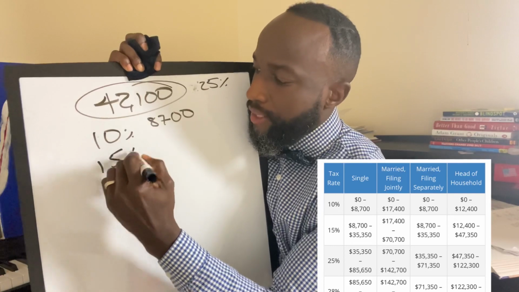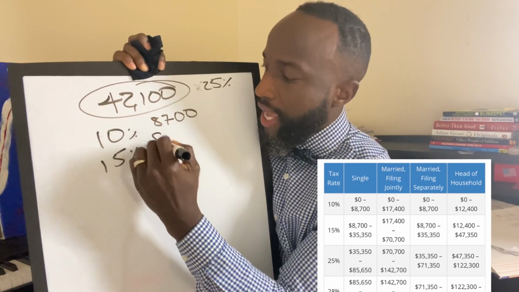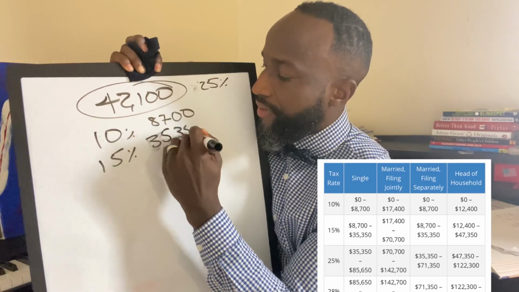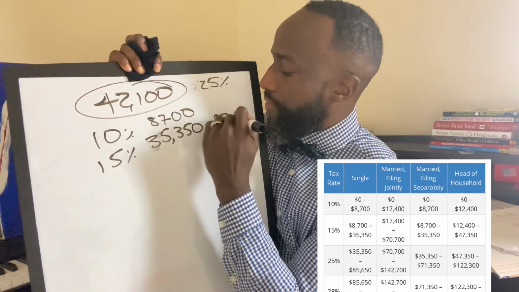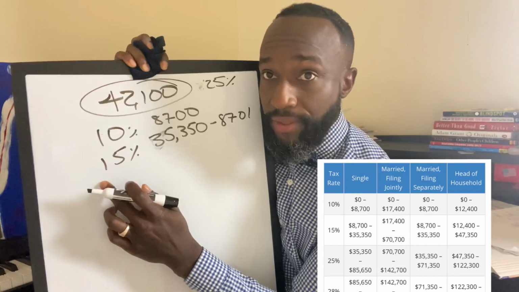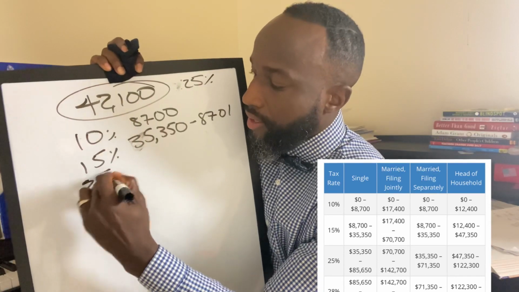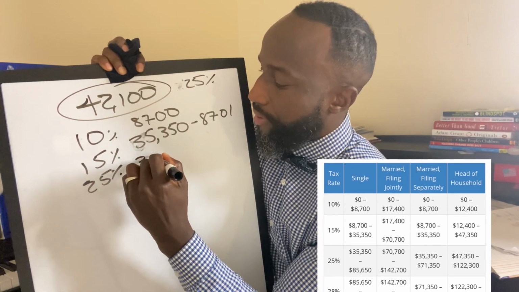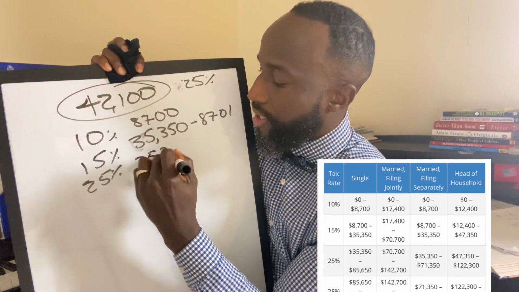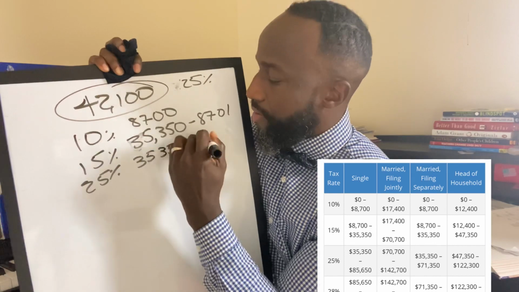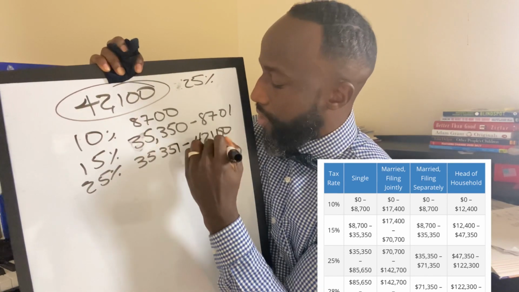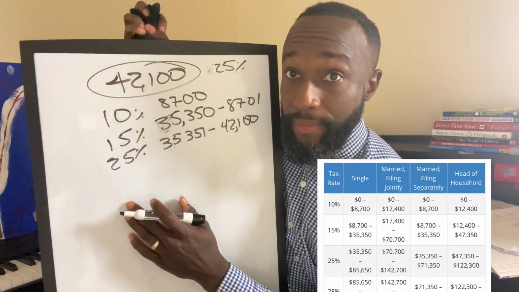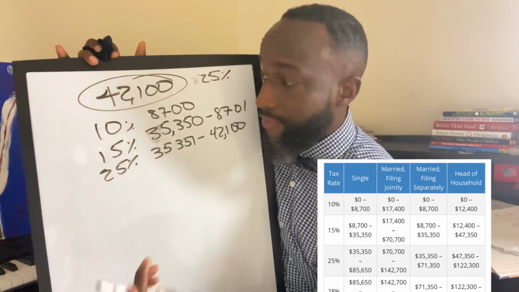Then the next amount, from $8,701 to $35,350, she's going to pay 15% on. And the rest, from $35,351 to $42,100, is where she pays 25%. That's what I was talking about. So this is where the math goes.